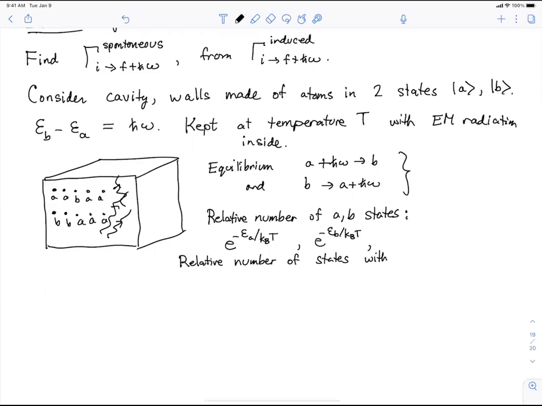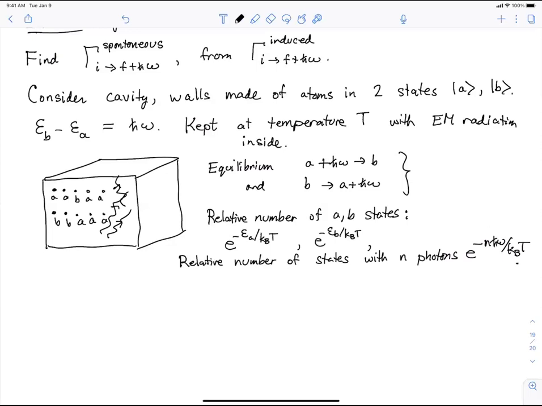The one with n photons is e to the minus n h bar omega, that's the energy of a state with n photons, divided by Boltzmann constant times the temperature. So this is the Boltzmann hypothesis for statistical mechanics: if you want to know the relative number of things in any given state, you compute that Boltzmann factor, and that gives you that relative number.